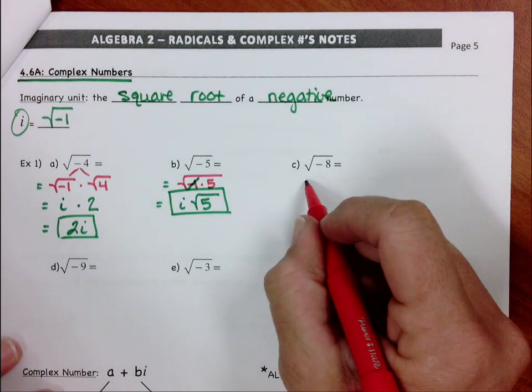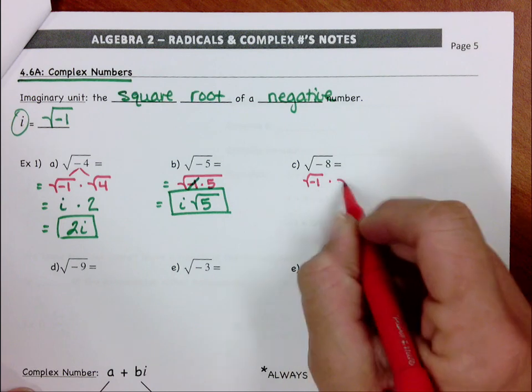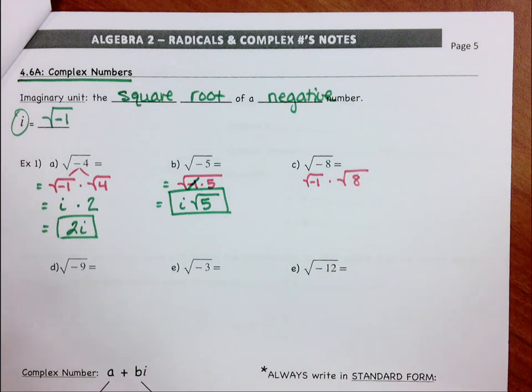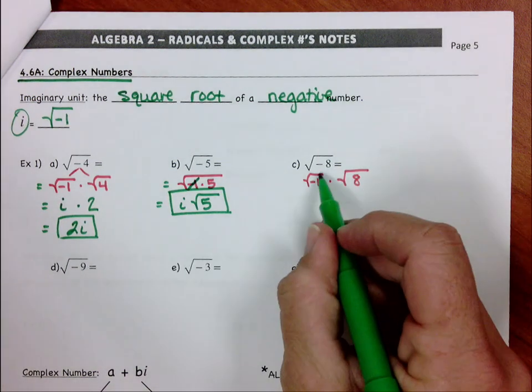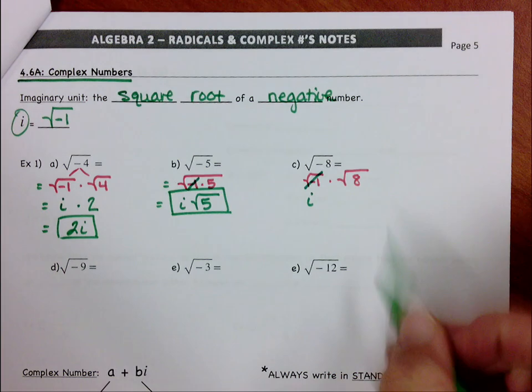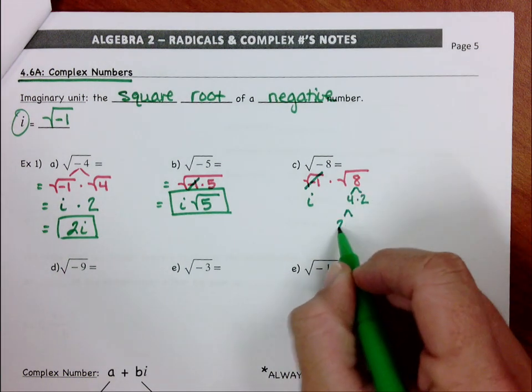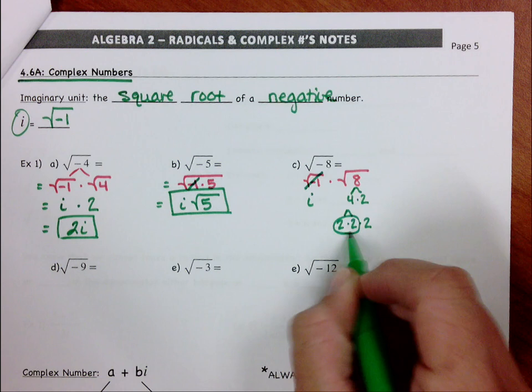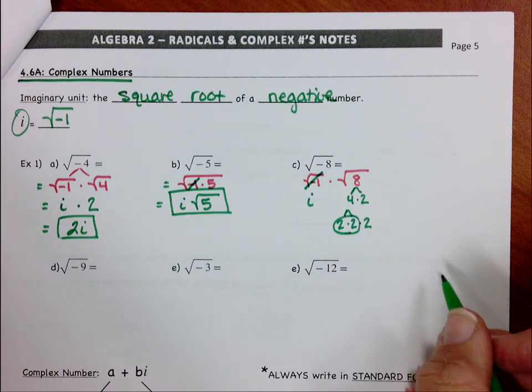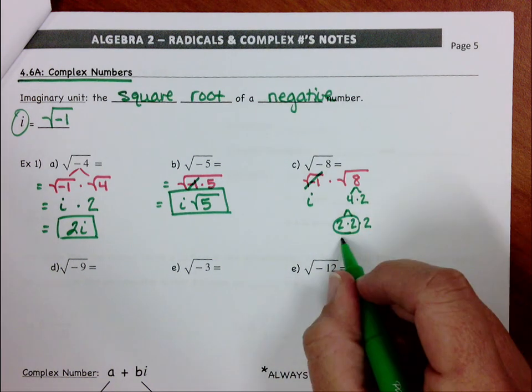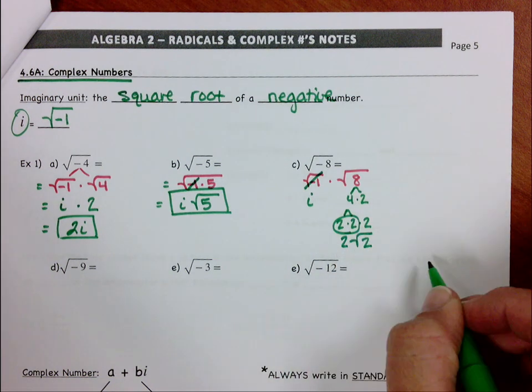Over here, square root of negative 1, square root of 8. I think it looks better that way. That's just going to break it down as an i. 8 is 4 times 2, and then 2 times 2 times 2. So we have a pair of 2's, and so that gives me 2 square root of 2.